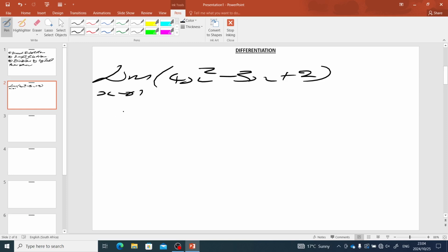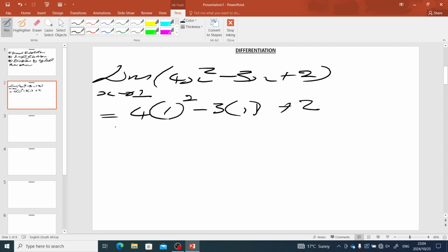We will substitute x with 1, so it will be 4. Where there's x, we substitute it with 1. Plus 2, then we get our answer as 3. We call this the direct method, or the direct substitution technique.